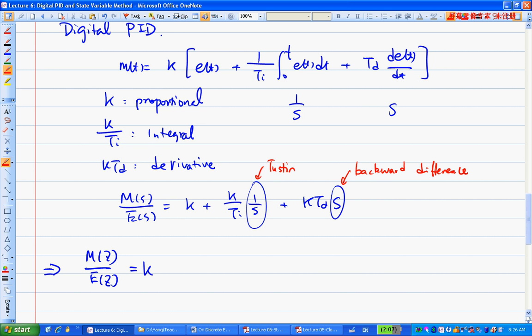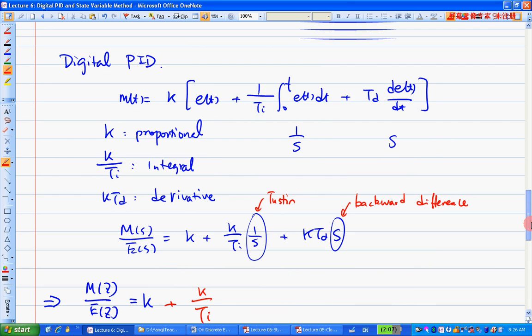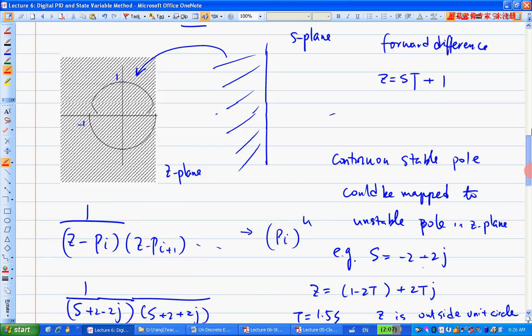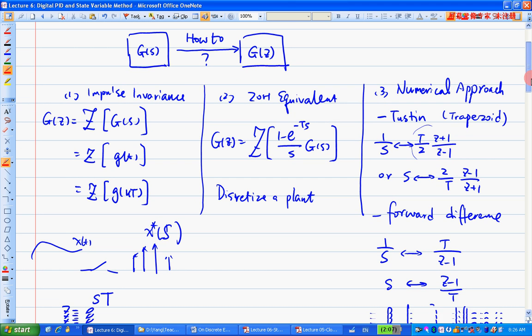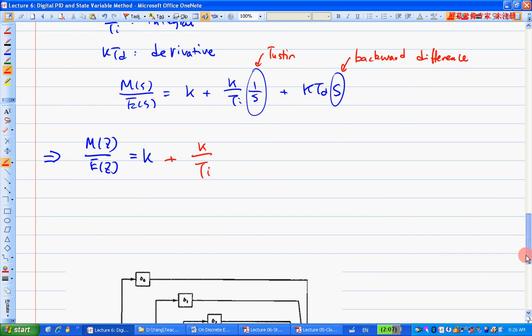Good point, why would you not, right? Let me write this down and I'll explain. So this k over Ti, Tustin for 1 over s, what was Tustin for 1 over s? It's this one here: T over 2 times (z plus 1) over (z minus 1).